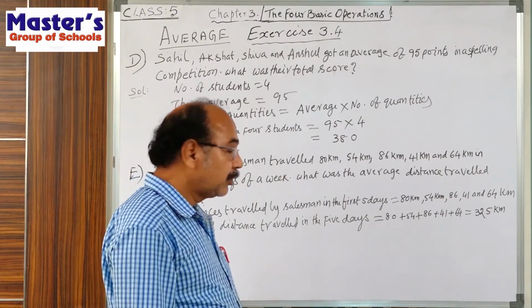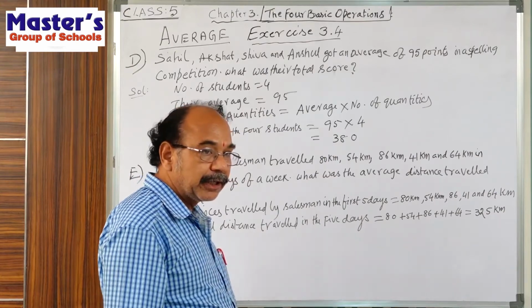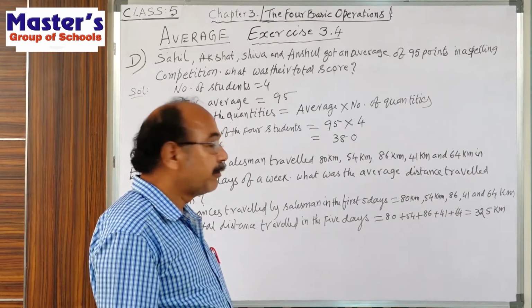First 5 days total distance. This is the total distance traveled by that salesman in the 5 days.